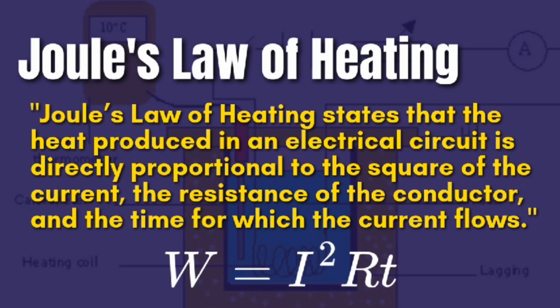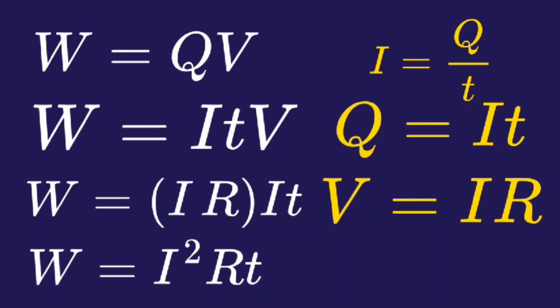Mathematically, W = I²RT, where W is the heat energy in joules, I is the electric current in amperes, R is the resistance of the conductor in ohms, and T is the time for which current flows in seconds.